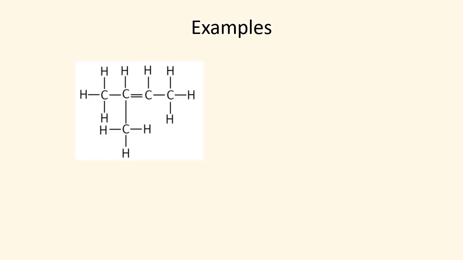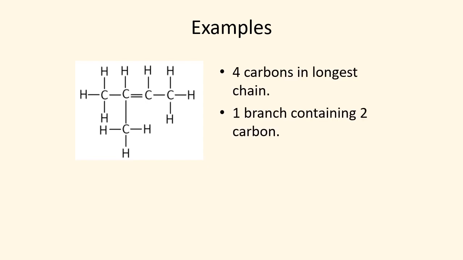Here we've got another example. So this one, we've got to make sure, remember that we want the branch and the functional group to be on the lowest carbon possible. So the longest chain contains 4 carbons.